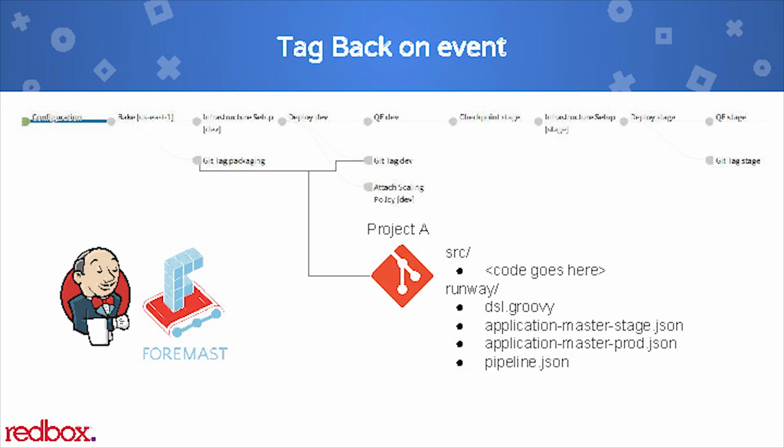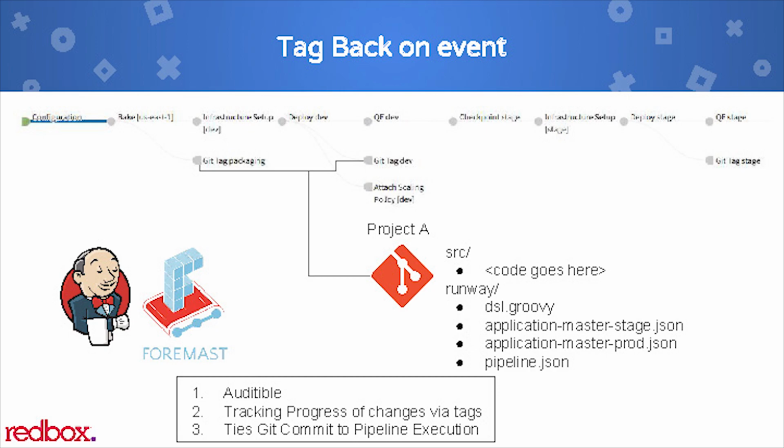So we wanted to have, at the end of every change, a tag back to the repository so we know when that change occurred. So we tagged back when we did our infrastructure setup step, and you could also tag back when we deployed to dev and things like that. By this, you extend that concept again of auditability.